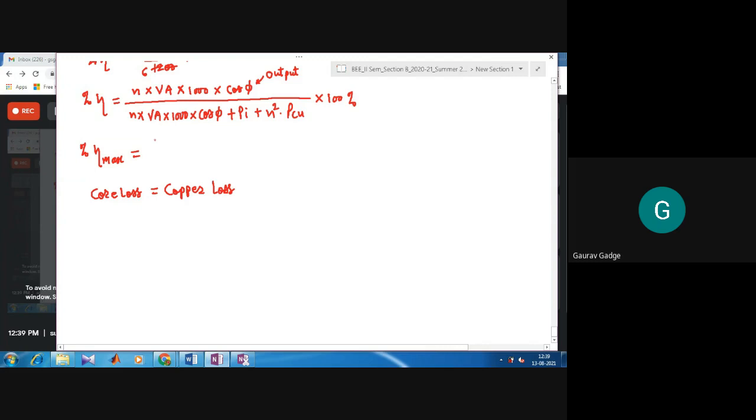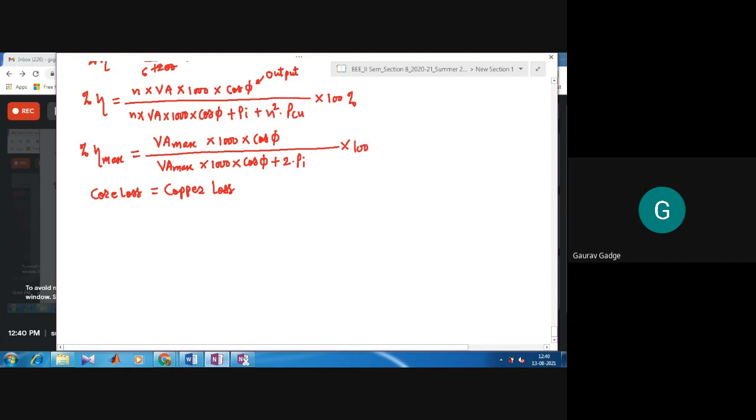Okay? Then eta max is equal to VA max multiplied by 1000 multiplied by cos phi, divided by VA max multiplied by 1000 multiplied by cos phi plus 2 times iron loss. 2 times iron loss, because iron loss is equal to copper loss.